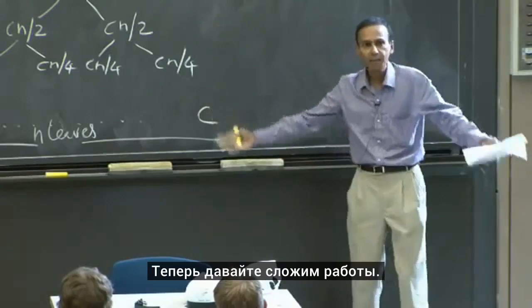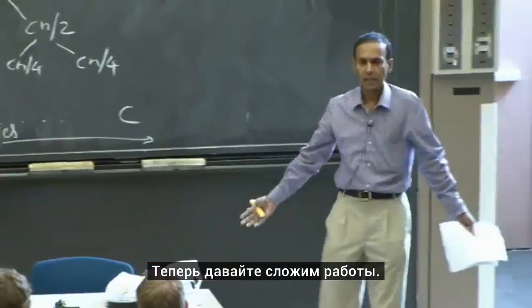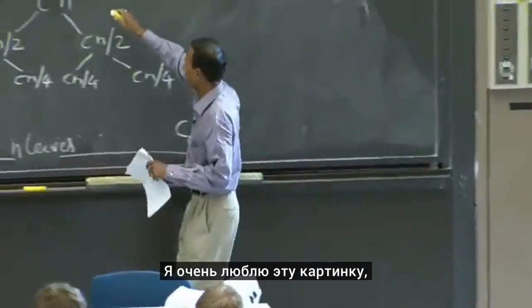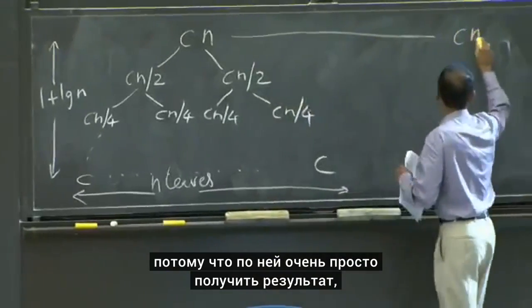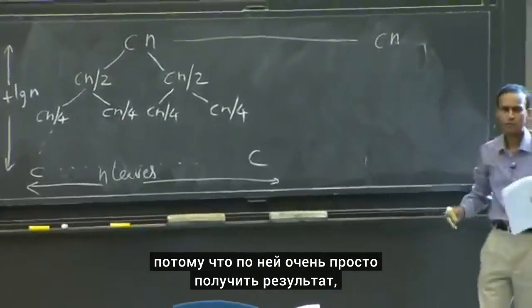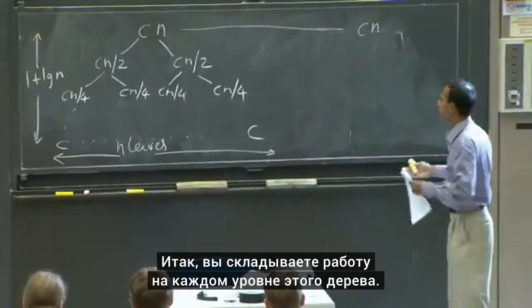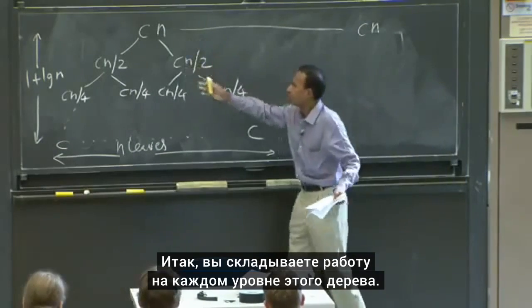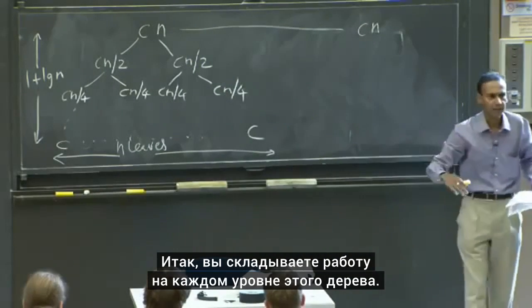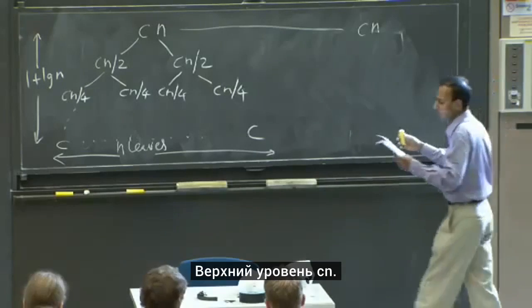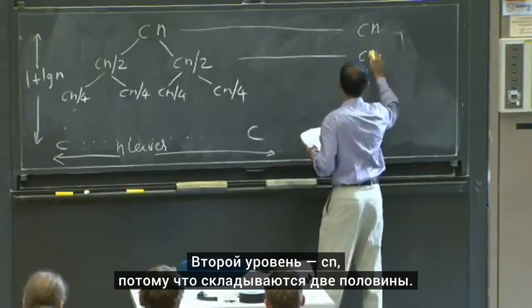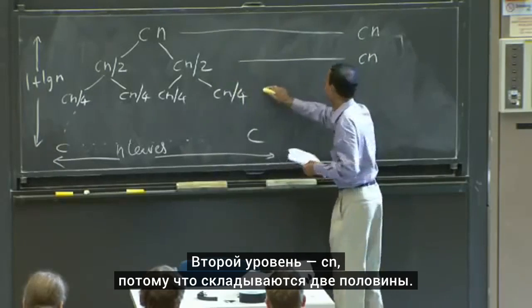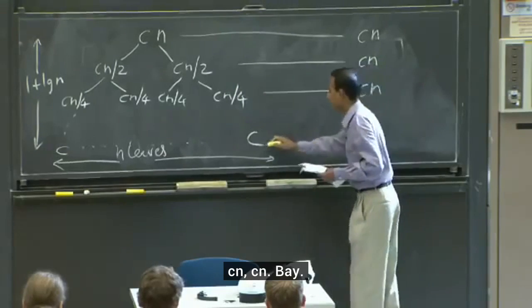Right? So now let's add up the work. I really like this picture because it's just so intuitive in terms of getting us the result that we're looking for. So you add up the work in each of the levels of this tree. The top level is Cn. The second level is Cn, because I added half and half. Cn.